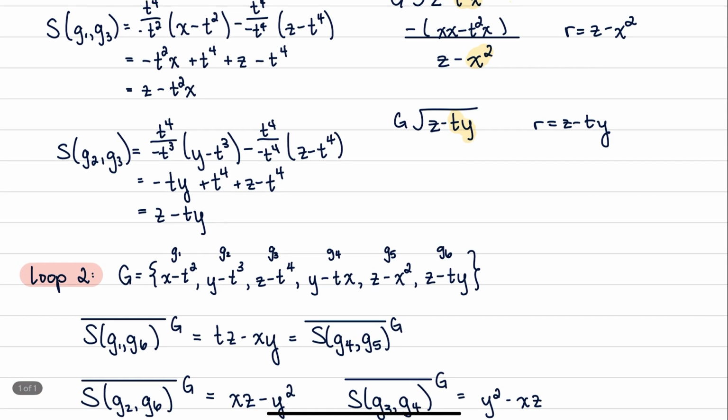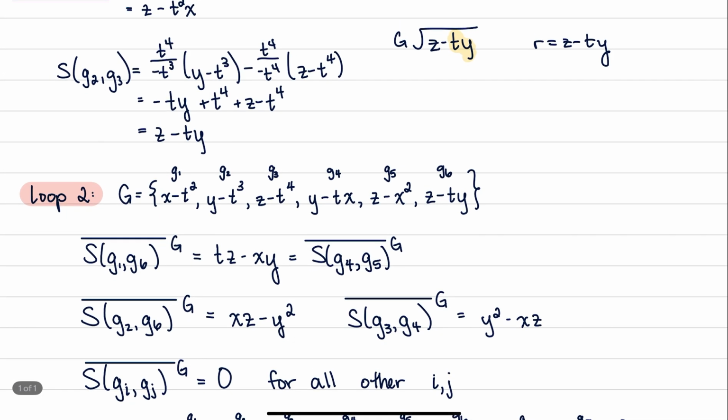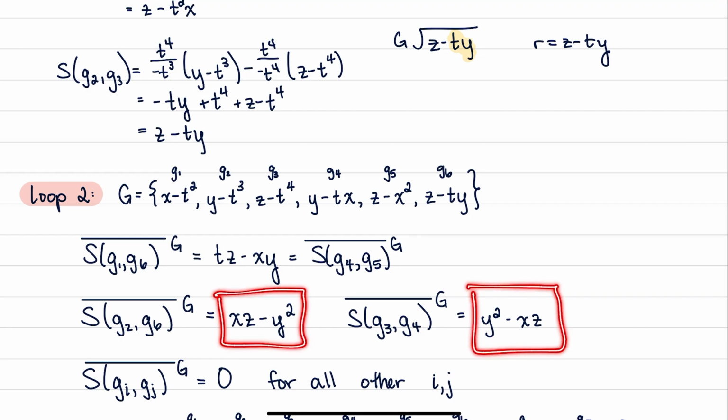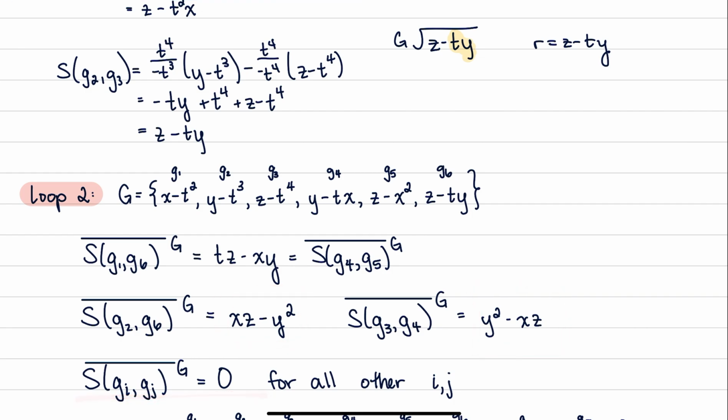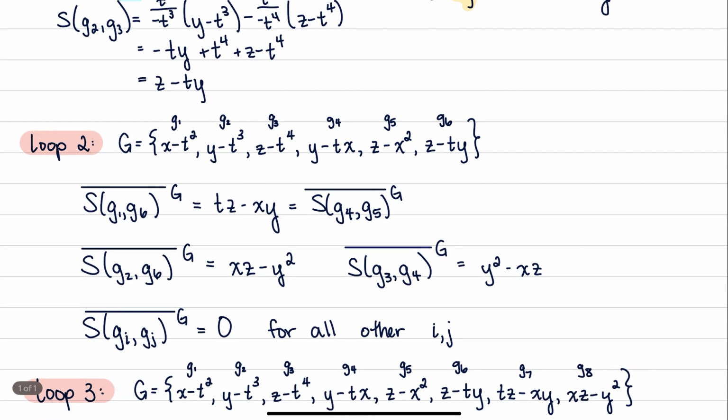And what ends up happening here is we get this non-zero remainder appearing twice from a couple of pairs. This one appears once, this one appears once, and the rest are all 0. So we end up with 3 more non-zero remainders. So we throw them into G and try again.